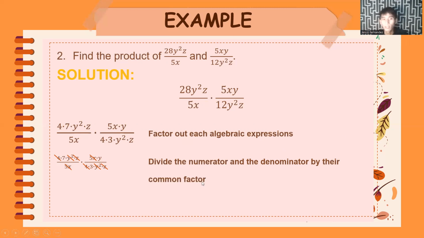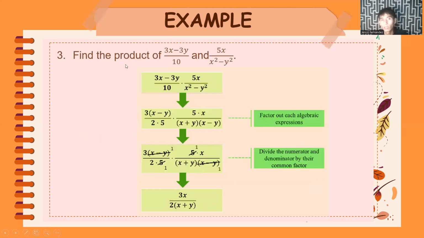Okay, so we have 7y over 3 since we still have 7 there and y there and we have 3 there. Okay, that's how we multiply. So just like this, factor out and then cancel out common. So we have this. Then multiply 3 times x, 3x, 2 times x plus y.